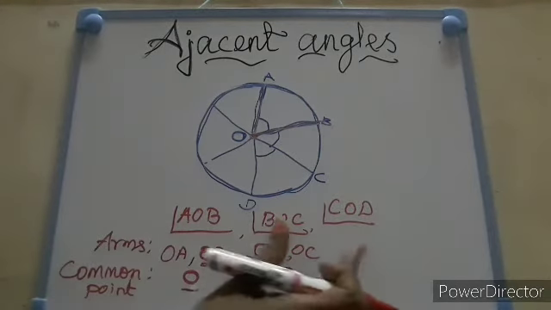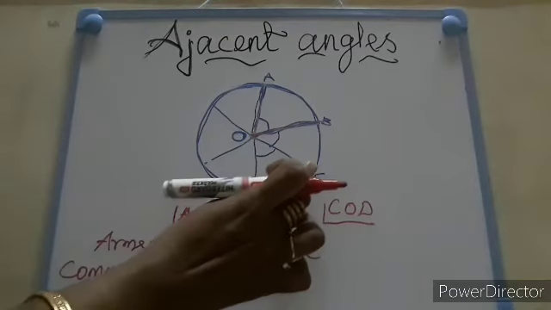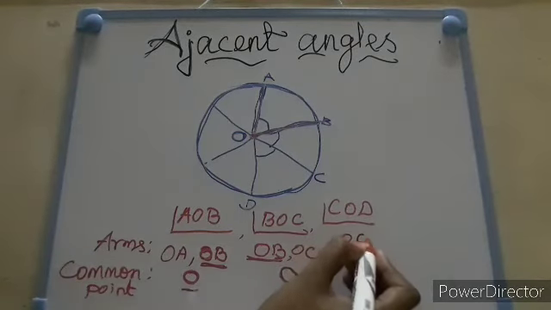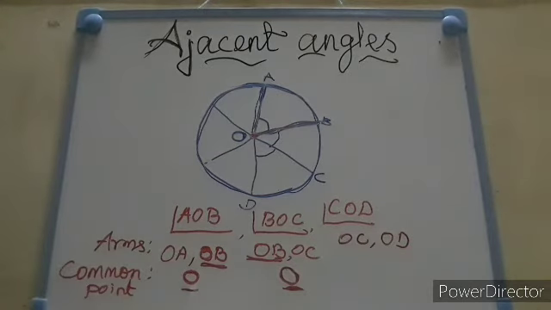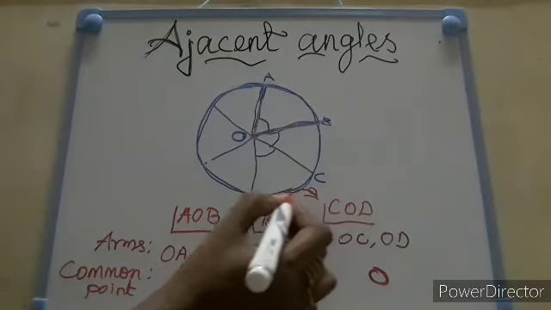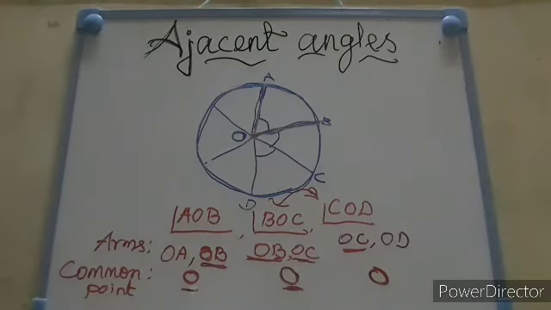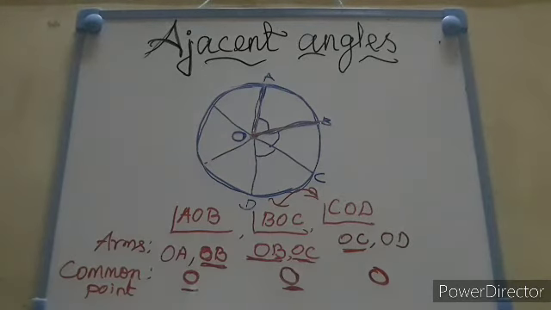Here one more: BOC and COD are also adjacent angles, because OC and OD are arms and they meet at the same common point O. In these two angles, OC is the common arm, right? It's not overlapping with any other angles.